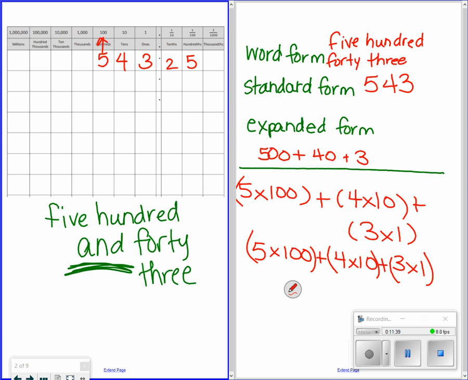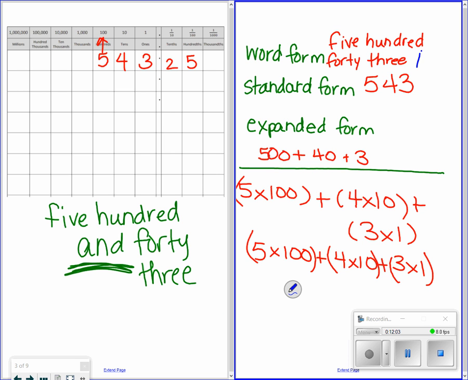You don't say 543, because then it sounds like 543 and 25. Does that sound right? No. You can't have two ands in a number. That's why you have to seriously retrain your brain.